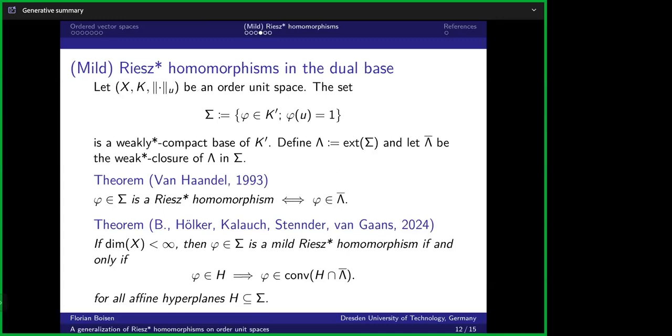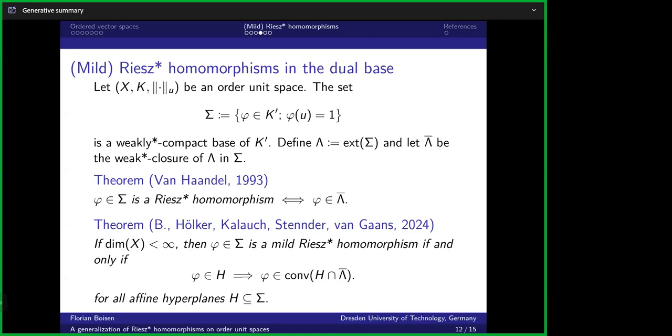And here it turns out that if you take a linear functional in sigma, then this is a multi-star homomorphism if and only if it is true that if you take any affine hyperplane in sigma which contains your linear functional, then your linear functional can be written as a convex combination of elements in lambda bar which are also in your affine hyperplane.